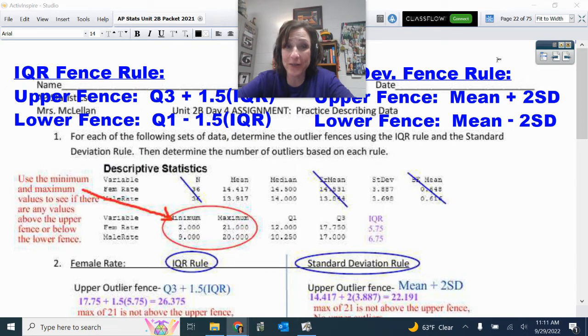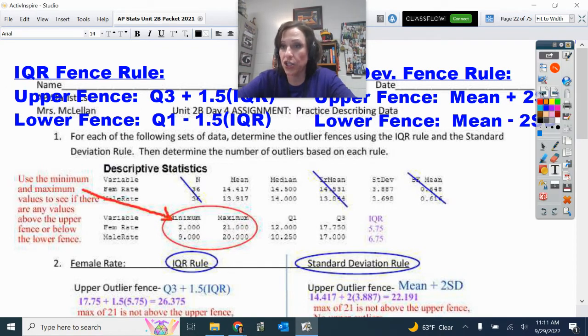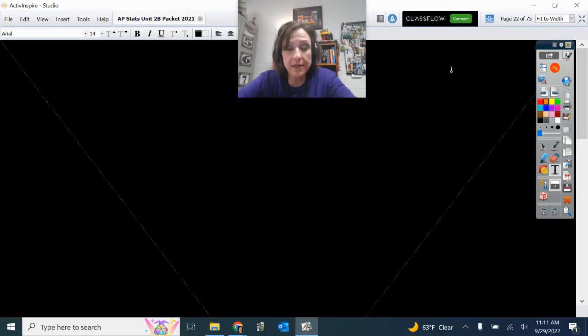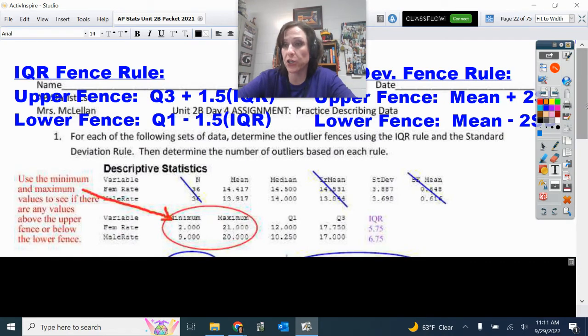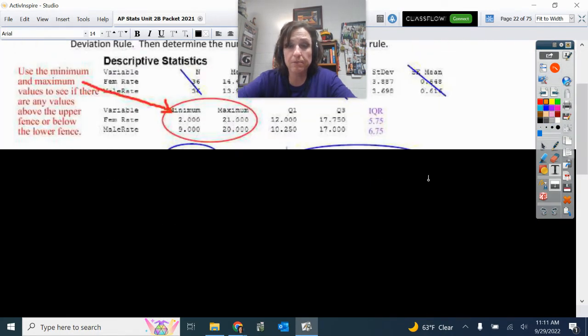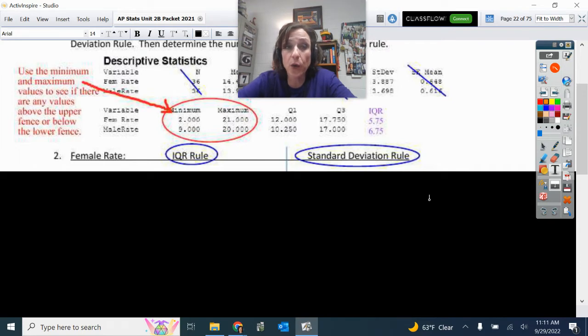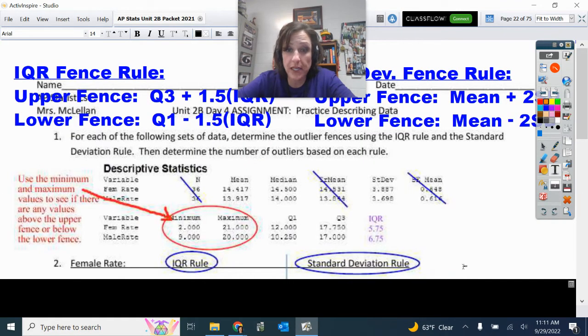Okay, so now we are asked on this page to compute the fences for both the males and the females, but at first it just takes you through the females. And it wants you to do those with the two different rules. So you're going to get to practice the IQR rule. You'll do the formula for the female data using the IQR outlier fence rules, and then you'll do the female fences with the standard deviation rule.